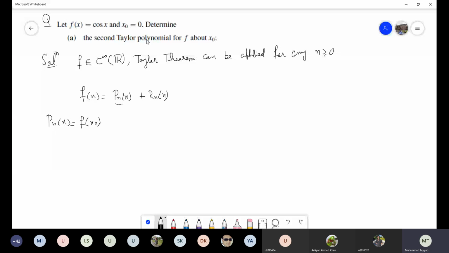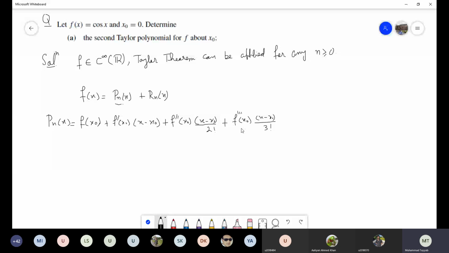I am writing the general term now, because it is defined on x naught equal to 0, plus f dash of x naught into x minus x naught, plus the term f double dash of x naught times x minus x naught divided by 2 factorial, and the third one is f triple dash of x naught times x minus x naught divided by 3 factorial. So how many terms are there? 1, 2, 3 and 4.